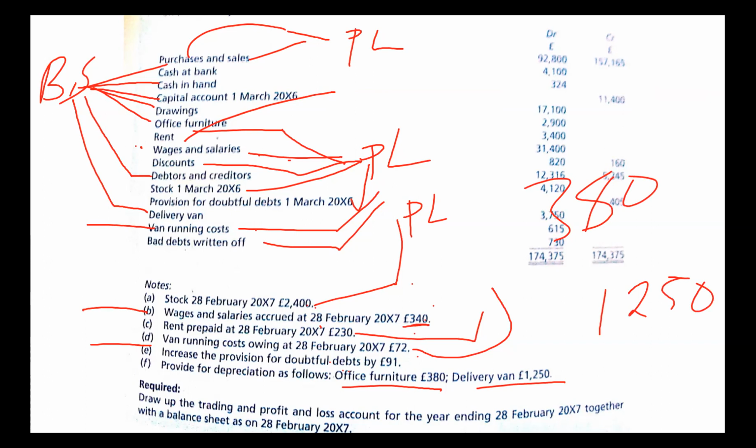Now, when it comes to the profit and loss account, under expenses, depreciation is an expense. But the depreciation that you write in the profit and loss account is only the depreciation that has occurred during the period under concern. I'll repeat, the depreciation that you record as an expense is only that which has occurred during the period under consideration, which is from March 2016 to 28 February 2017.